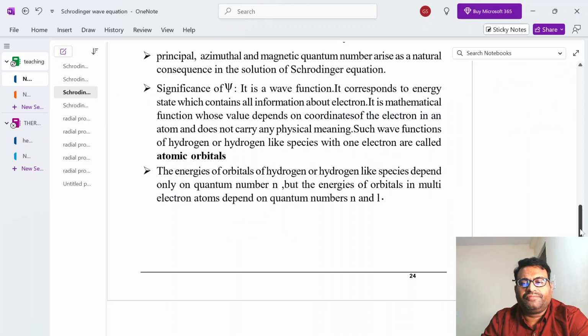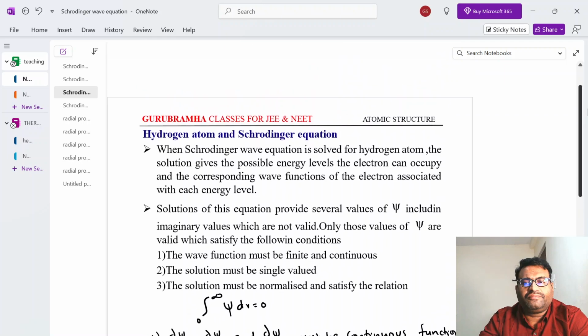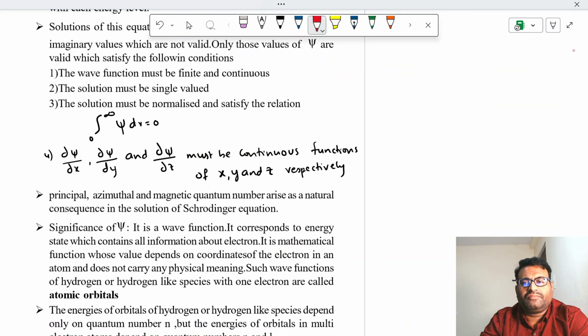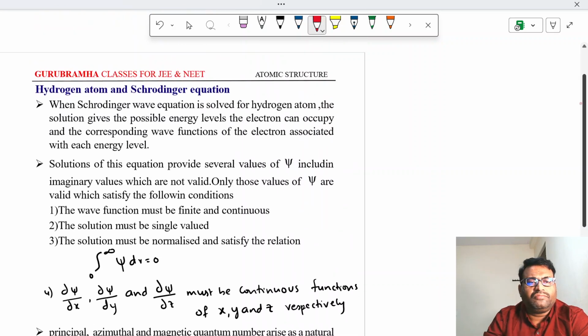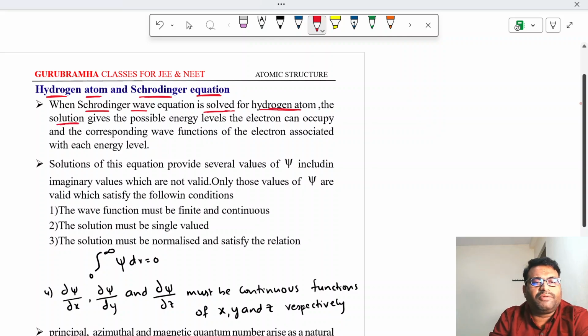Next, coming to the hydrogen atom and the Schrodinger equation. When the Schrodinger wave equation is solved for the hydrogen atom, some solutions are obtained.